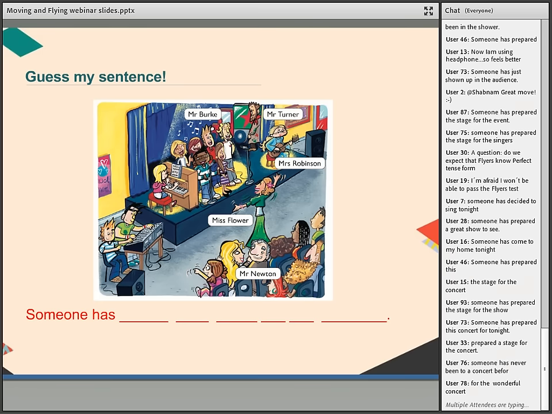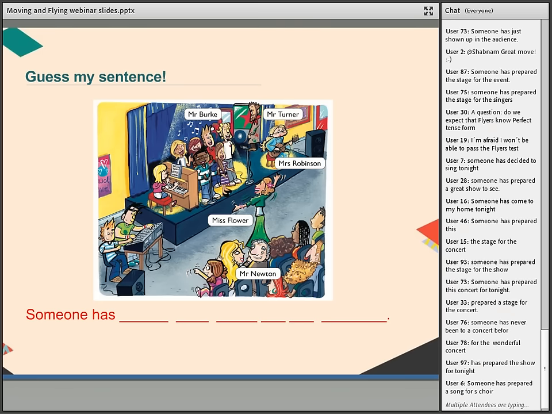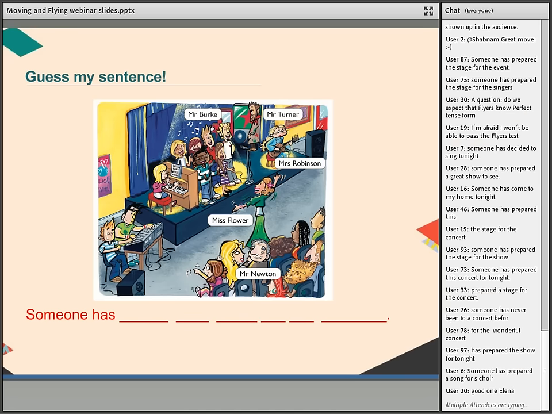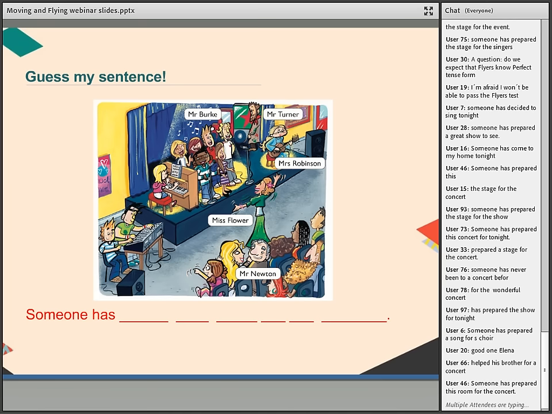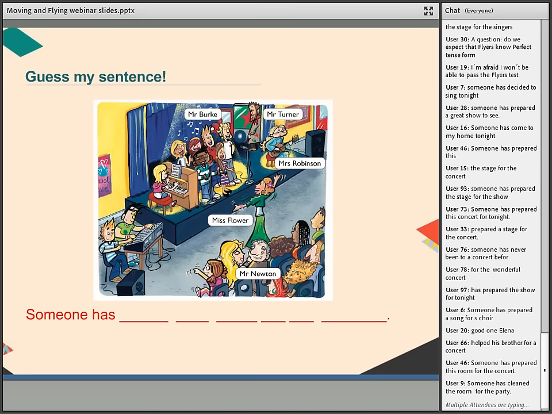My sentence was, and I'm going to type it in the chat box, someone has prepared this room for the concert.